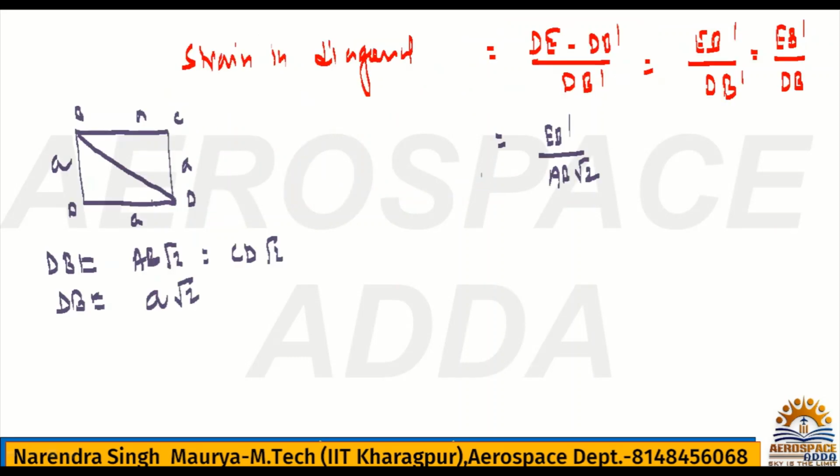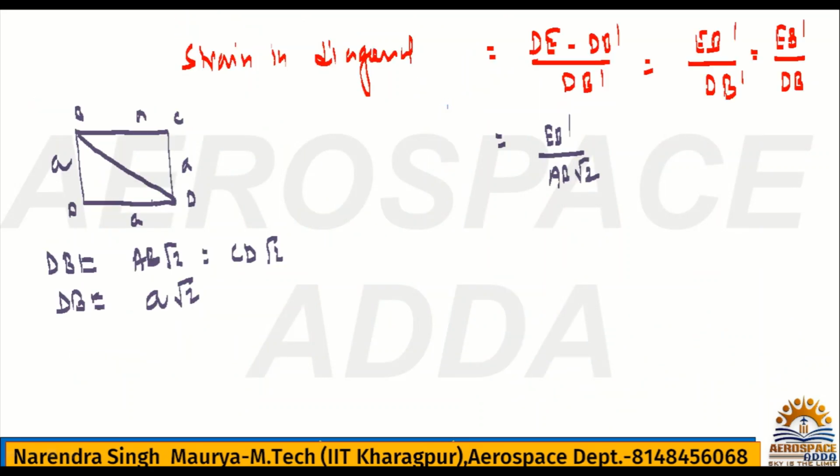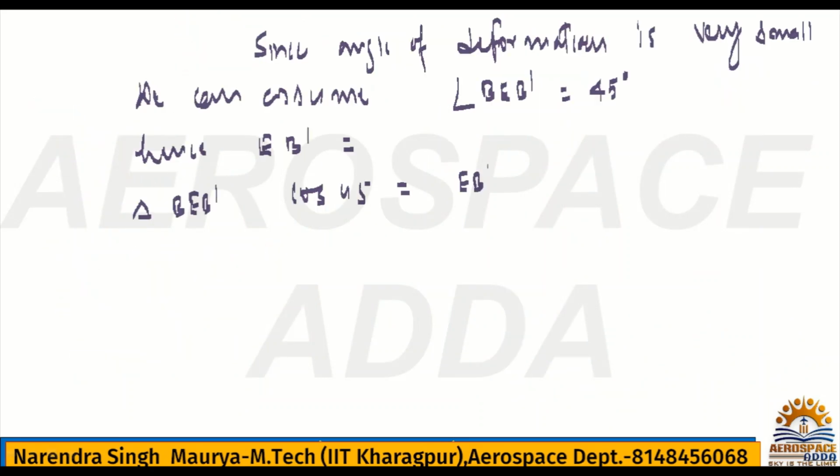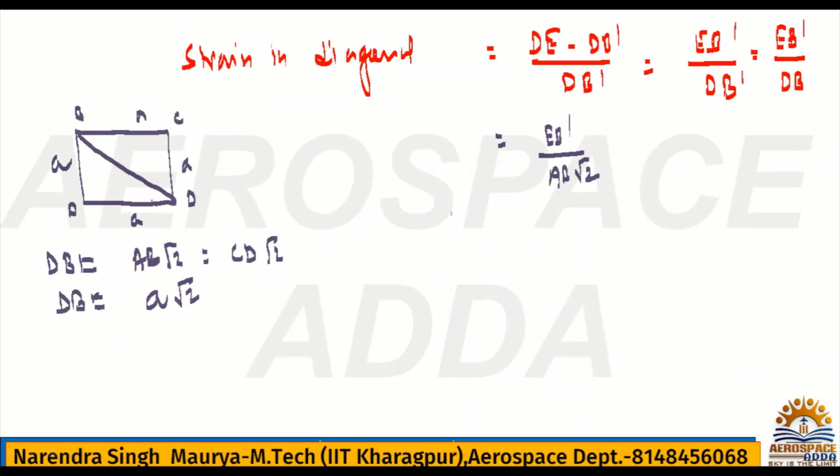Cos 45 in this triangle is nothing but EB dash divided by EB, right? Simple only. So I can write here cos 45 is nothing but EB dash divided by EB, the diagonal.